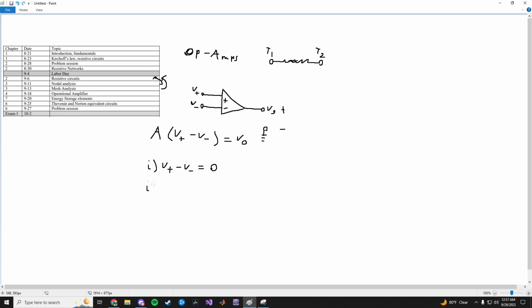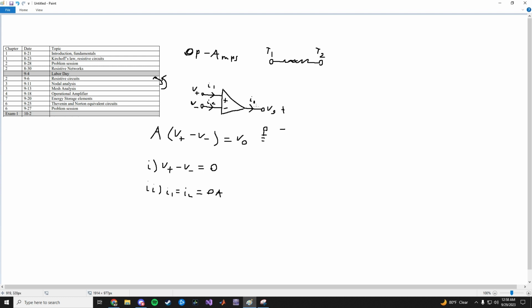And then the second golden rule is about the currents going in and out. Let's say this one is I1, this is I2, and this one is I0. The second golden rule is that current cannot flow in or out of the input terminals. The input terminals are V plus and V minus. So I1 equals I2, which equals 0 amps.